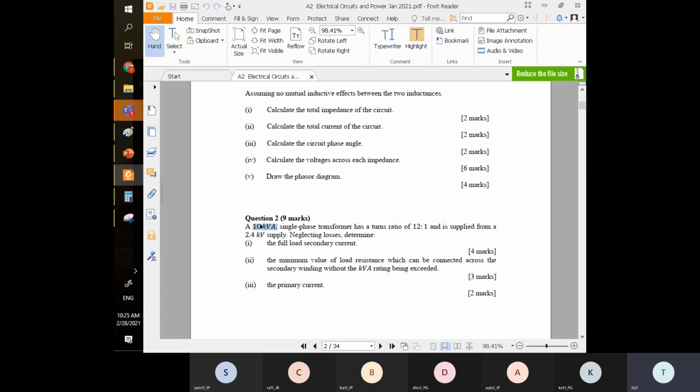The lower the load resistance, the higher the power, right? It consumes more power. And then the last question asks you for the primary current.